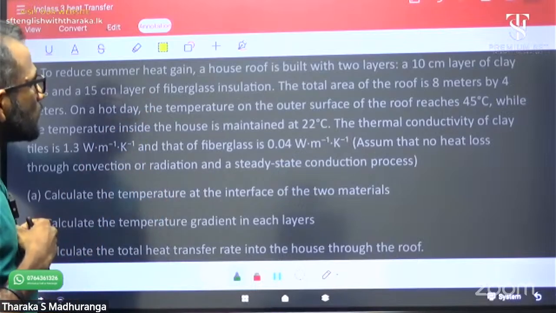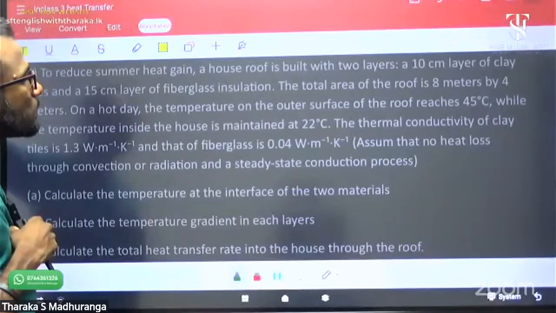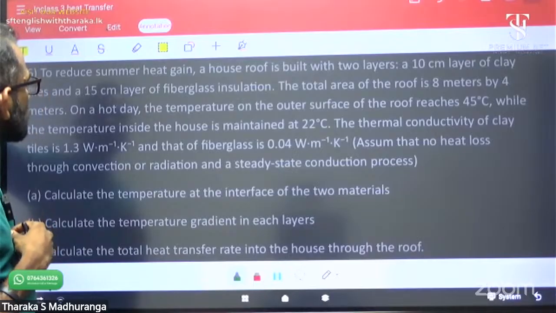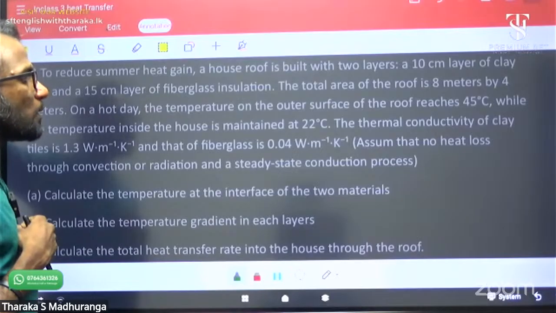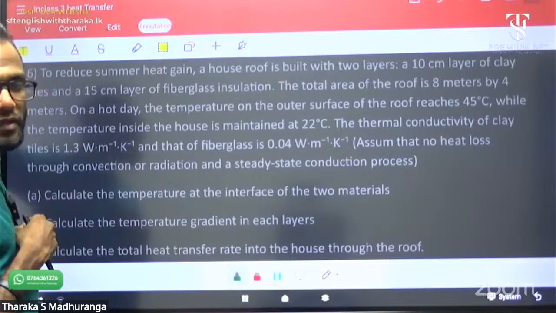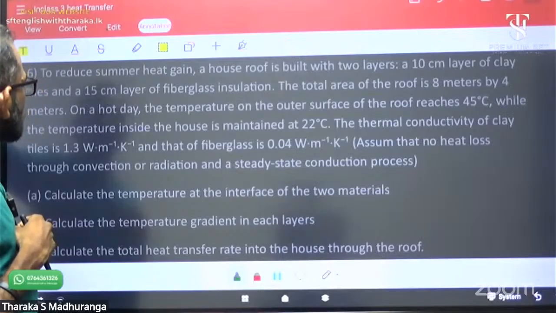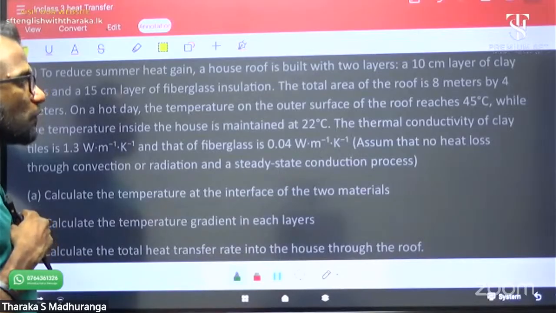On a hot day, the outside surface temperature of the roof reaches 45 Celsius, while the temperature inside the house is maintained at 22 Celsius. The thermal conductivity of clay tile is 1.3 and fiberglass is 0.04.